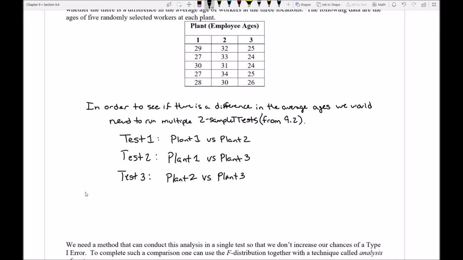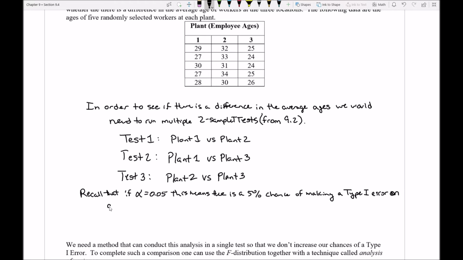So really quickly here, I'll just say that we should recall that if alpha is equal to, say, 5% for a particular test, then this means there is a 5% chance of making a type 1 error specifically on any one test.